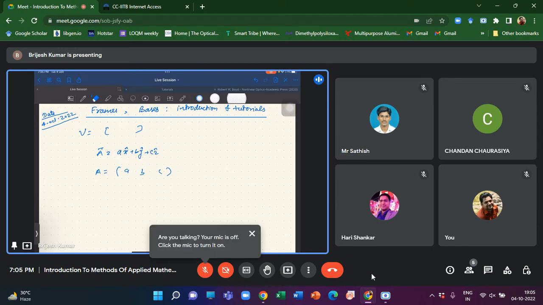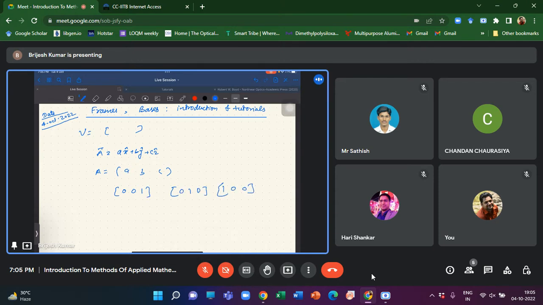So the basis will be (0, 0, 1), (0, 1, 0), and (1, 0, 0). These three will be the basis of this vector space; all vectors in the xyz space can be represented with the help of these three, and these three are also linearly independent. So this is a basis set of this vector space.